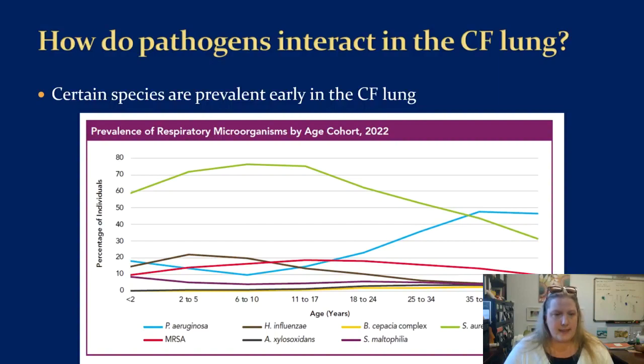And what you can see is that there are certain microbes that are found the most common, and these include things like Pseudomonas aeruginosa, which tends to be low in children and gets higher over the course of their life, so more common in adults. Things like Staph aureus are primarily diseases of children with CF, and you can see it infects a lot.